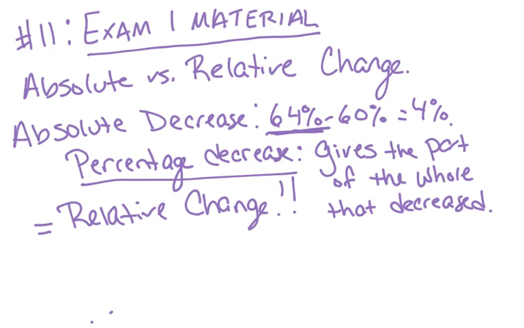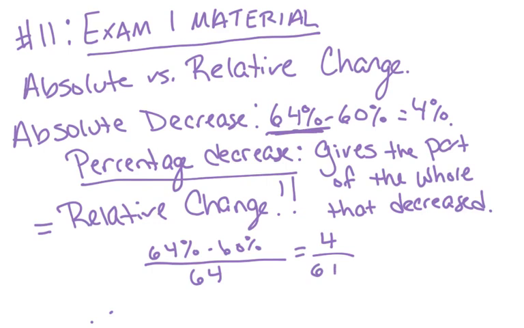So you would start with your absolute decrease. And then instead of doing it out of 100, your whole is that 64% that the graduation rate was at. So then you're going to make sure that this is out of 64, because this is your highest number. So then that would give us our 4% out of the 64%.